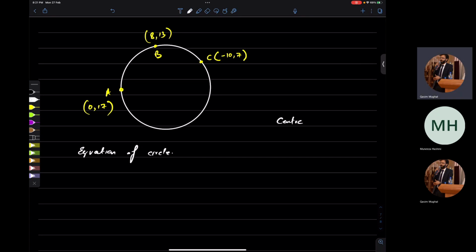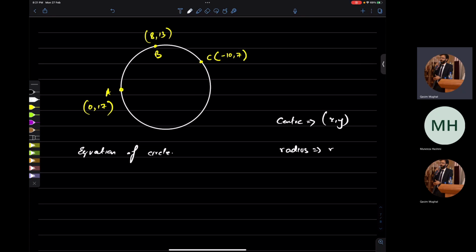One, the coordinates for the center, and then the radius of the circle. If I've got these two things, I can easily write down the equation of the circle. So let's see how we can work out these two things from the information which we already have.